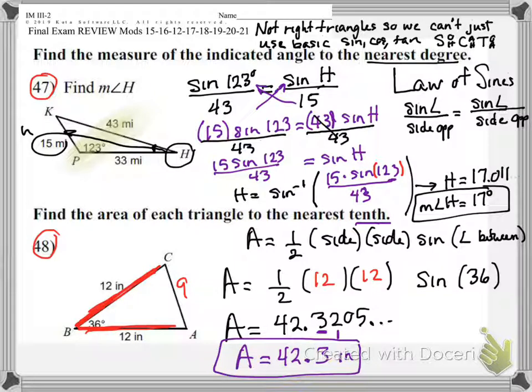The problem above it, the sides were miles, so I had this momentary thought I should put miles on it. But when they were asking about the angle, I didn't put miles, I put degrees. This one's 42.3. That's all I'm going to work out from here because I feel like Mrs. Frenken's videos did a good job of explaining everything else. But you can always call me or email me if there's another one you really need some help with.